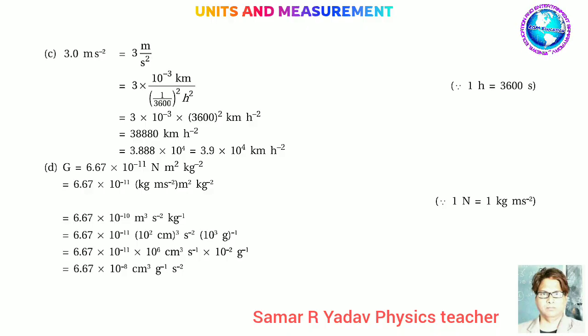This is 6.67 into 10 power minus 11 into (10 square centimeter) cube second to the power minus 2 into (10 power 3 gram) to the power minus 1, which is 6.67 into 10 power minus 11 into 10 power 6 centimeter cube second to the power minus 2 into 10 power minus 3 gram inverse, equal to 6.67 into 10 power minus 8 centimeter cube gram inverse second to the power minus 2.